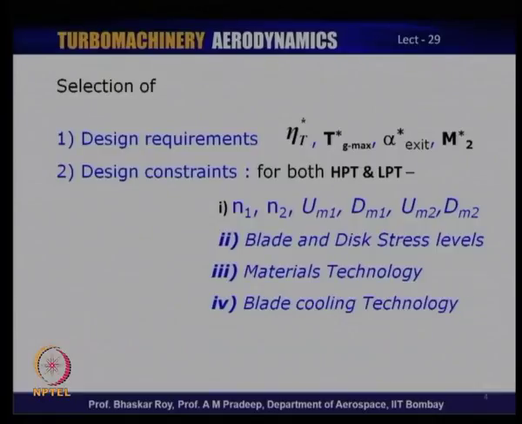The T star, which represents the design value of the gas temperature, the maximum that can be allowed, is decided by the turbine blade technology, which includes the cooling technology, the material science and the metallurgy. All of it put together decides what the turbine entry temperature should be at the design point, which is normally one of the highest temperatures.